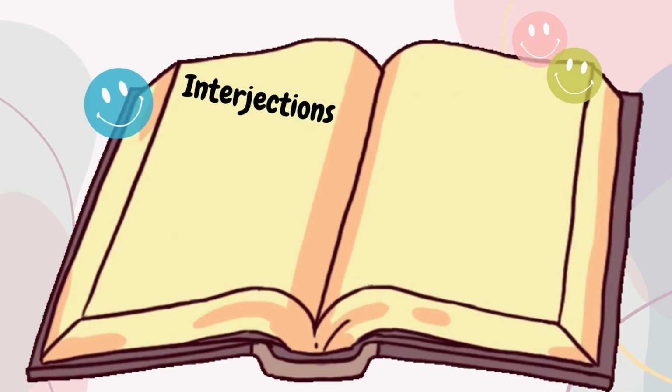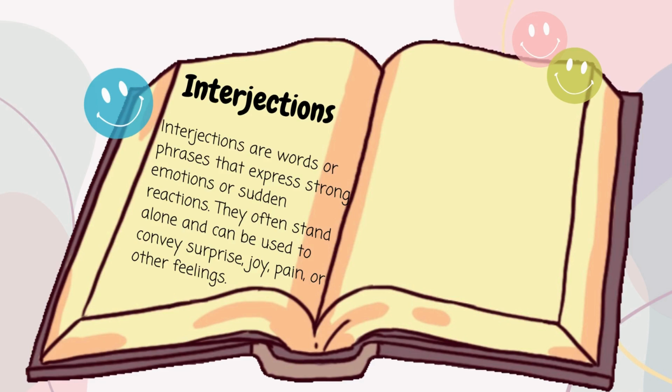Interjections. Interjections are words or phrases that express strong emotions or sudden reactions. They often stand alone and can be used to convey surprise, joy, pain, or other feelings. Examples: expressing amazement or admiration, wow. Expressing pain or discomfort, ouch.